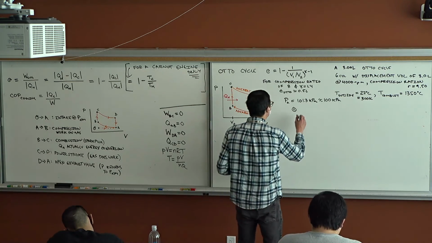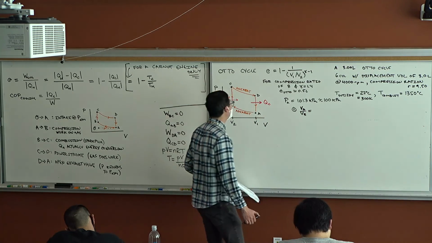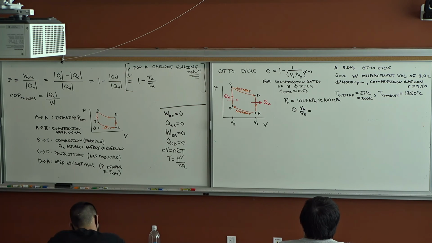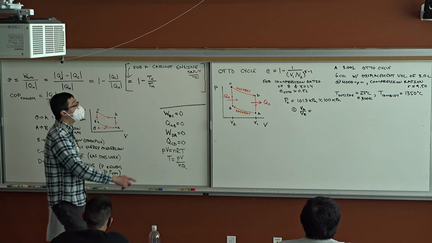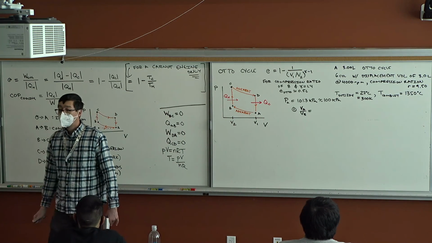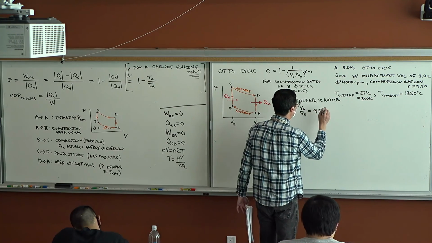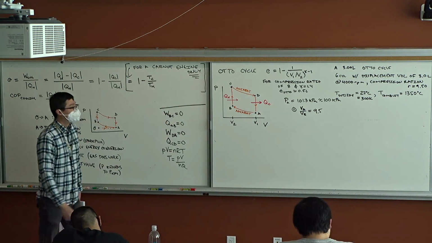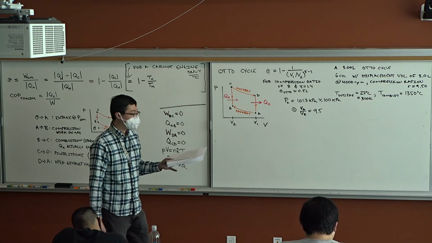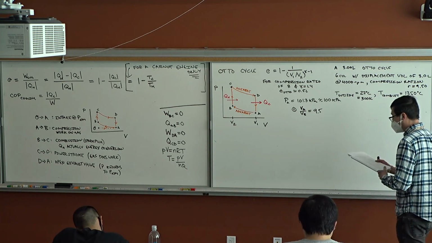VA over VB, what is that? VA over VB is how much I've compressed this, right? Compression ratio? And so the compression ratio should be 9.5, yeah?